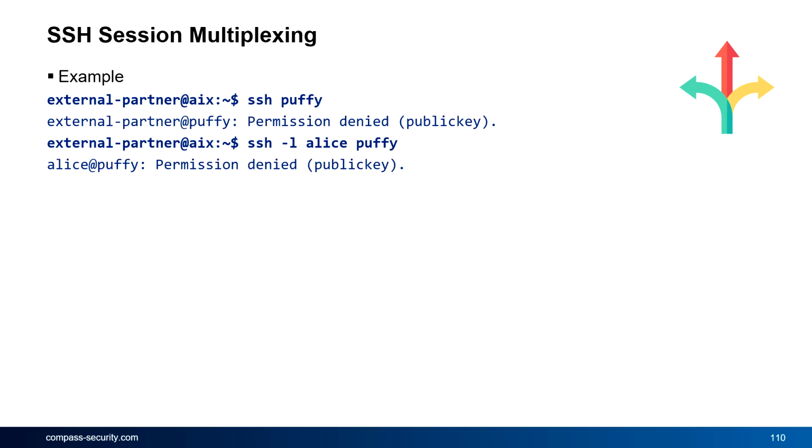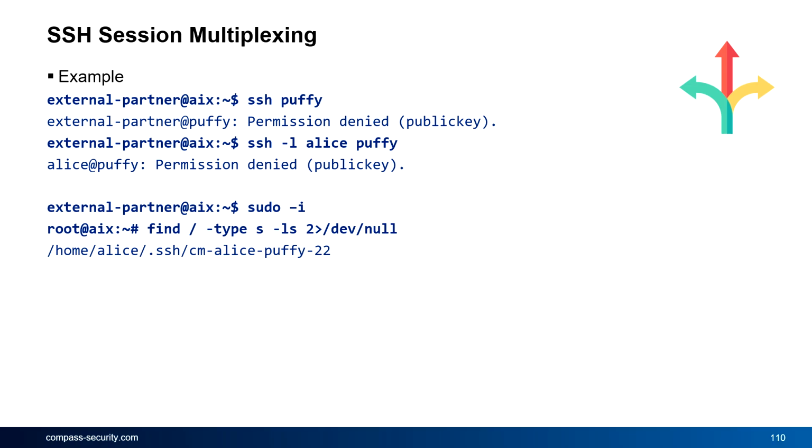In this example, we have an external partner logged in on the host AIX, and this partner does not have SSH access to the host Puffy. Now the external partner has admin access or root access on the system, and then it's possible to search for socket files.